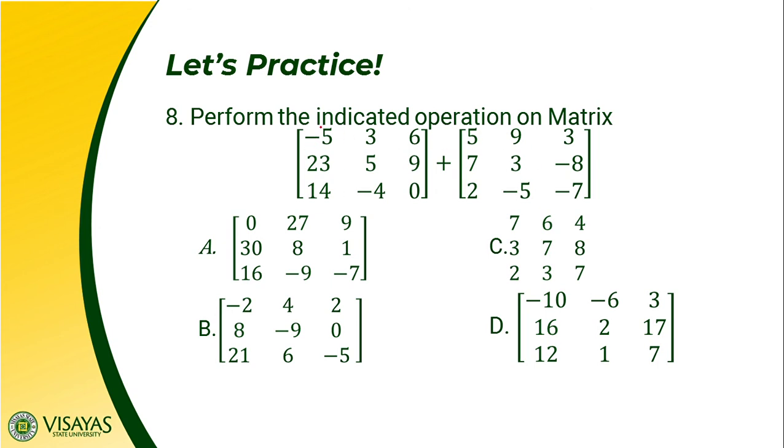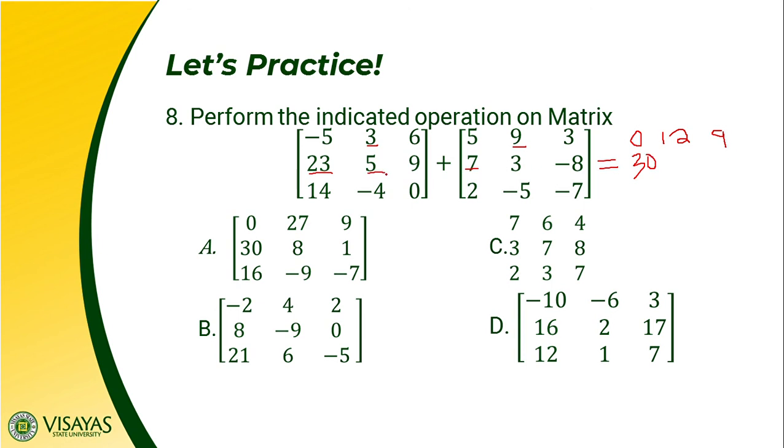We have negative 5 plus 5, that is equal to 0. We have 3 plus 9 is equal to 12. And 6 plus 3, that is equal to 9. We have 23 plus 7 is equal to 30.